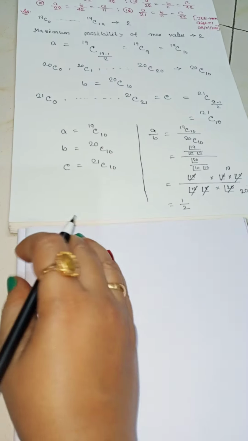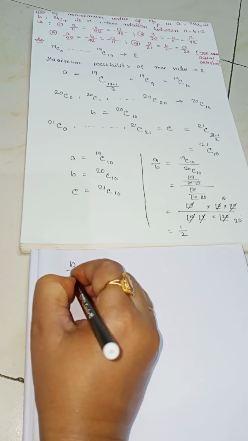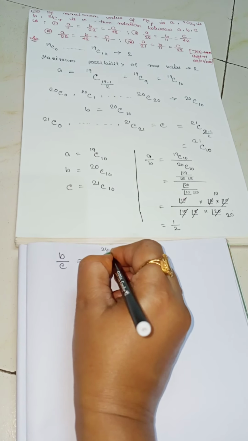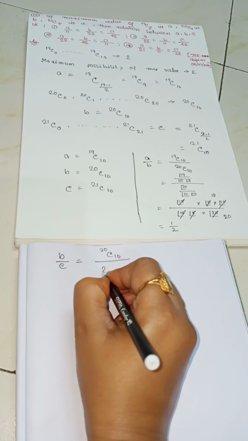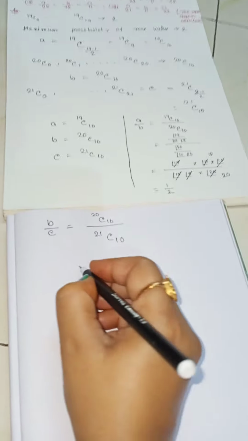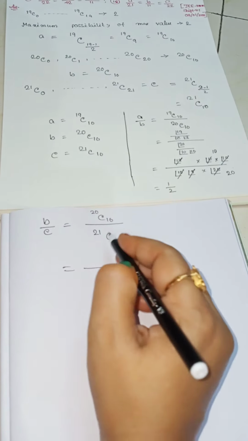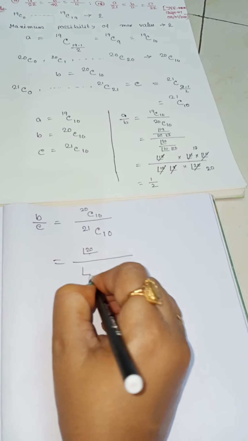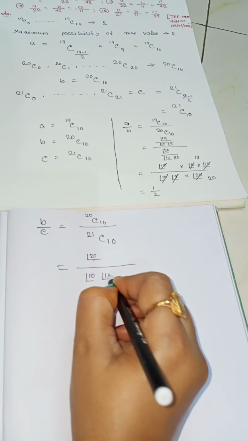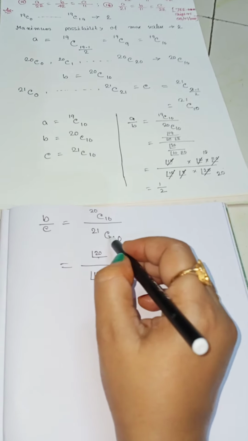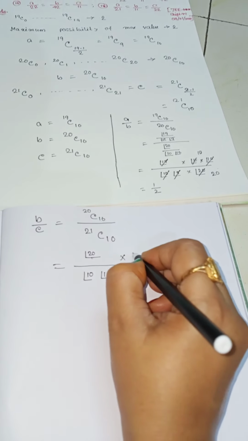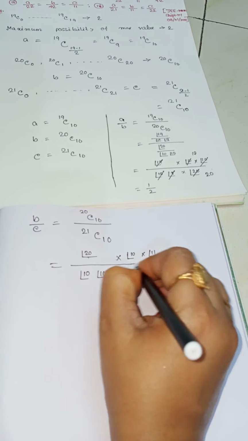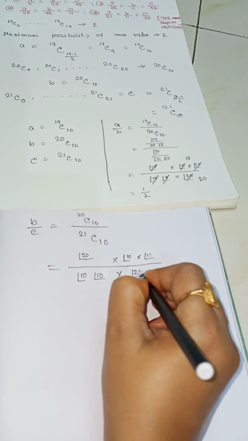Now B by C is equal to 20C10 divided by 21C10. Simplifying this, we get factorial 20 divided by factorial 10 into factorial 10, and the denominator becomes the numerator, so it becomes factorial 10 into factorial 11 divided by factorial 21.